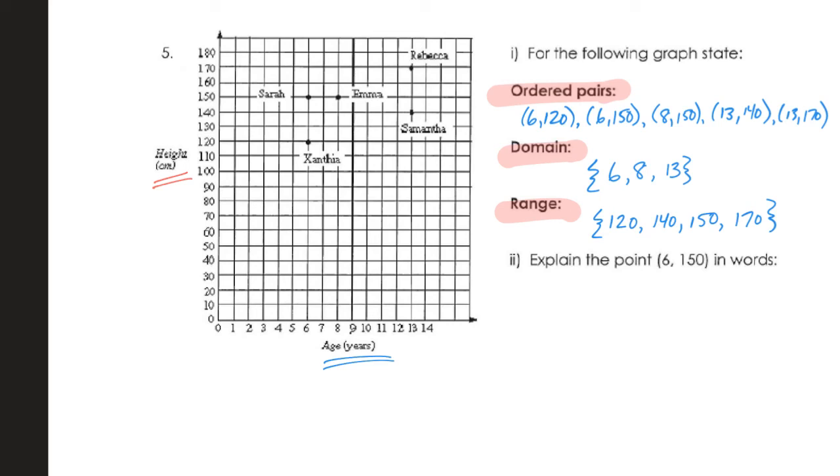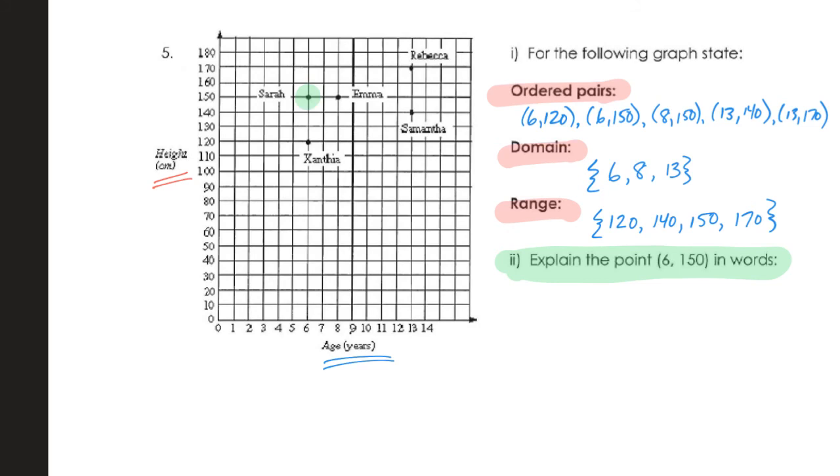Explain the point 6, 150. Like, what does that mean? If we were to look on that graph, 6, 150 would put us right there. Well, what does that point mean?